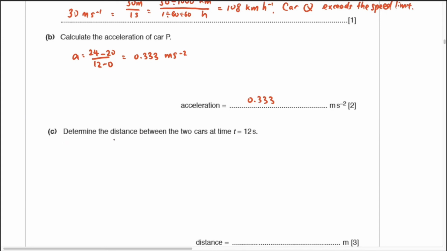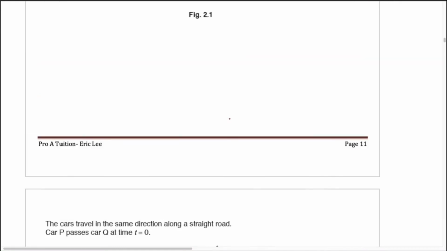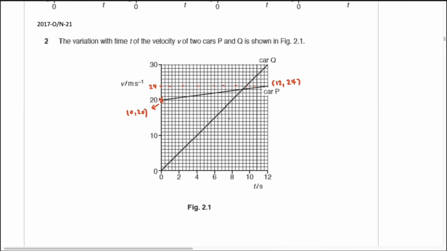Part C, determine the distance between the two cars at time t equal to 12. T equal to 12, distance. So as we discussed before, if they have positive area, you see this one, the area is positive for car Q. Car Q, positive area. So the displacement is equal to the distance.